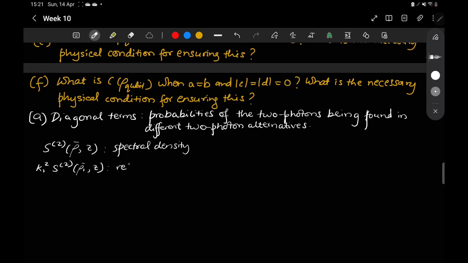This term represents the probability of being in alternative 1.